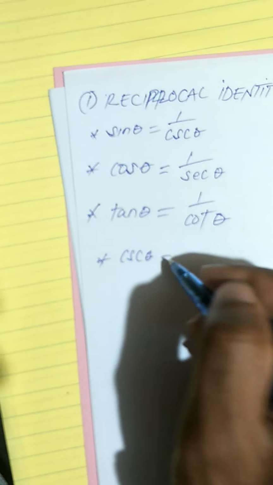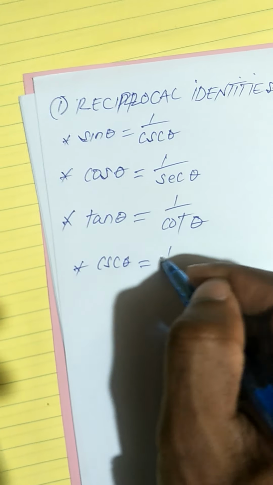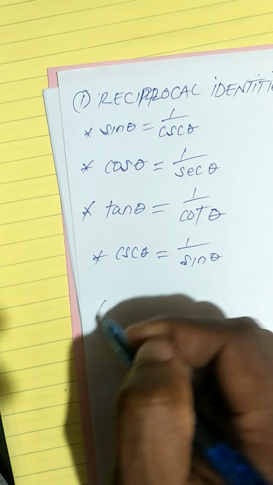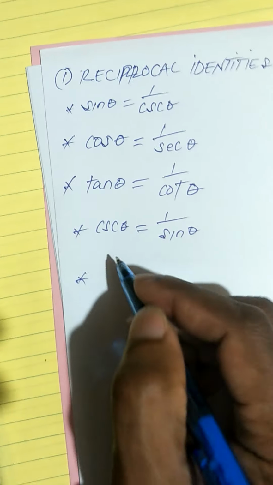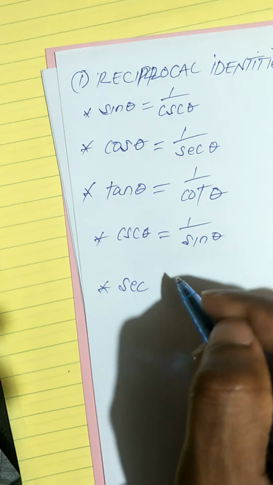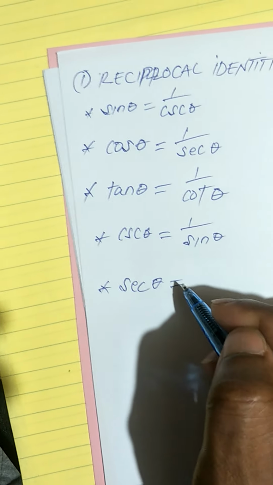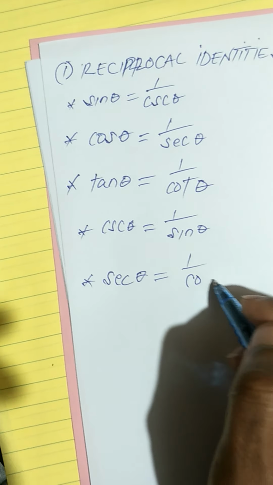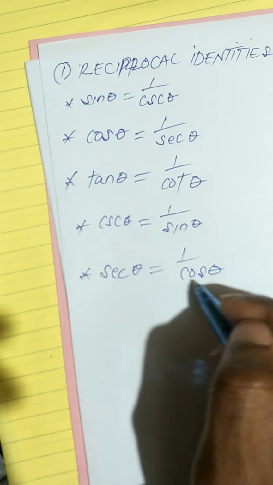Cosecant theta is equal to 1 all over sin theta. 5. Secant theta is equal to 1 all over cosine theta.